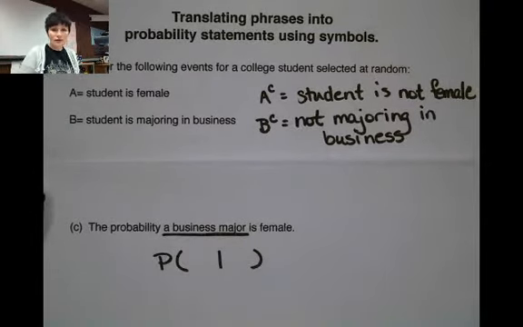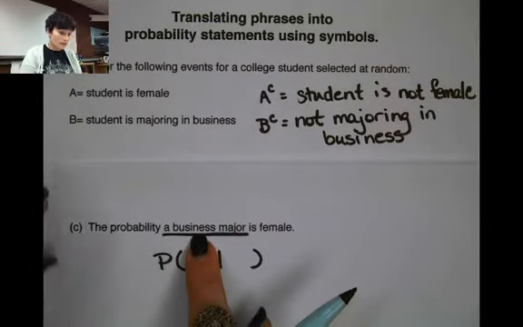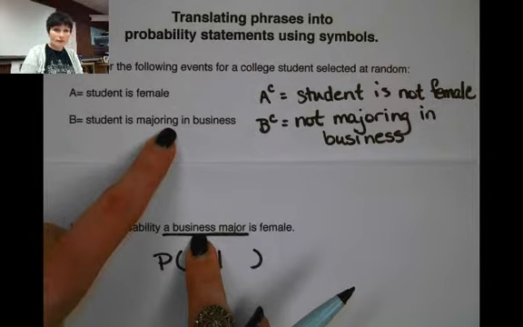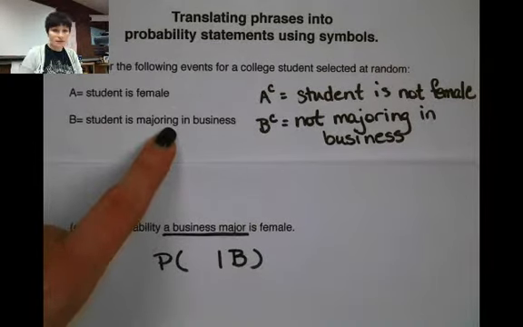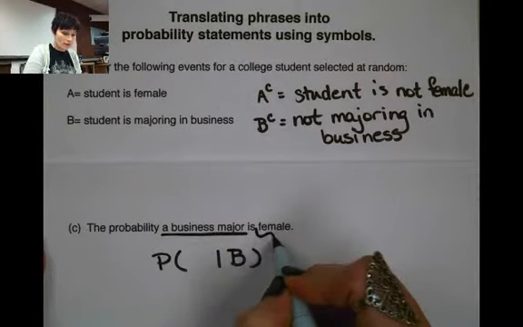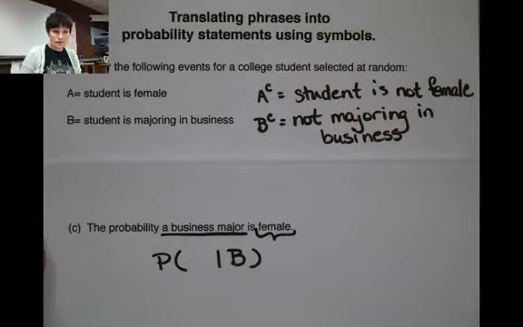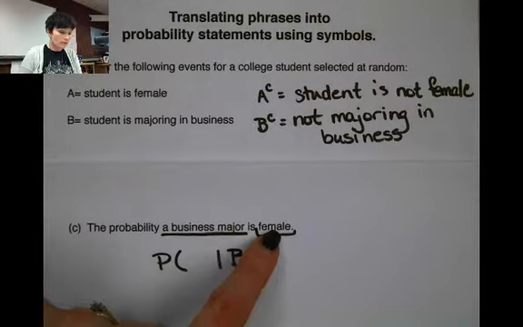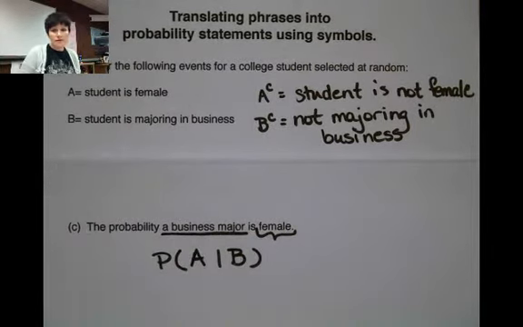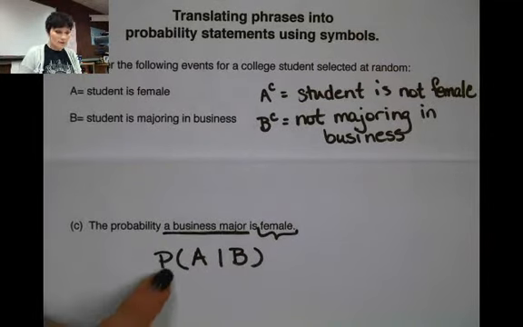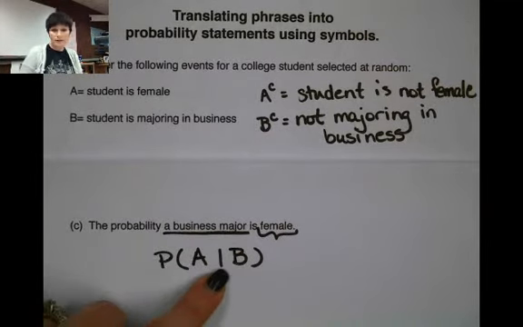If it's already occurred, I know I have my given bar. The fact that we have a business major makes it B has already occurred. So since this has already occurred, it's given B. And then I'm determining the probability that I have a female. The probability that someone is female is event A. So this statement is the probability of A given B.